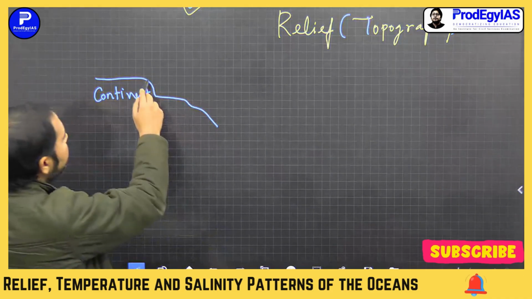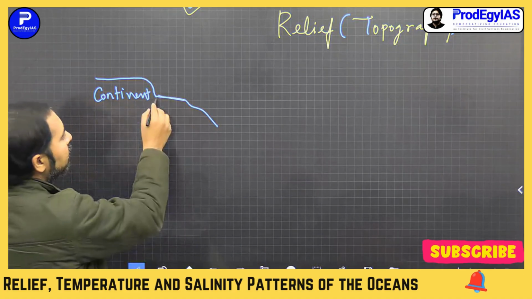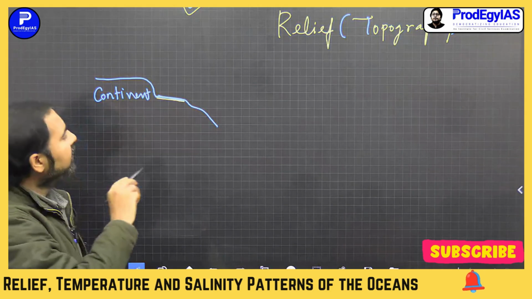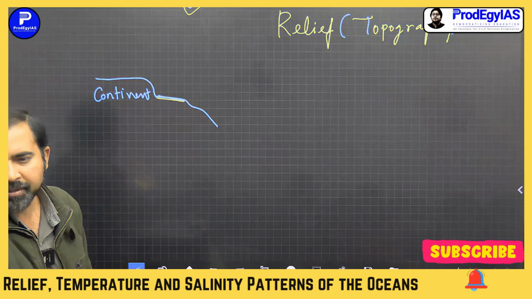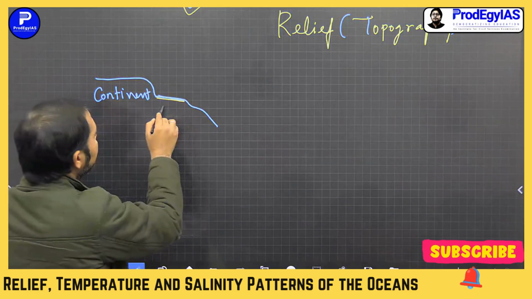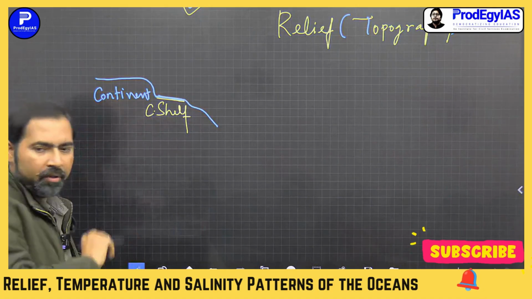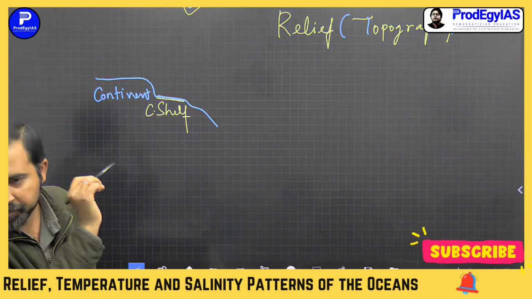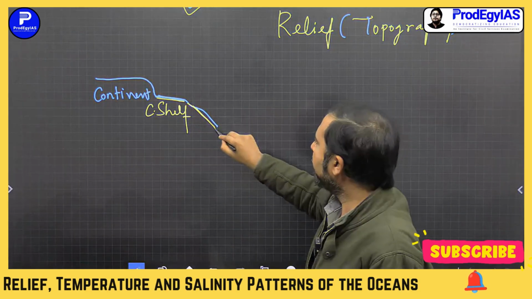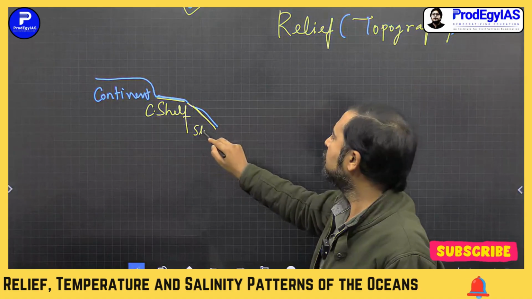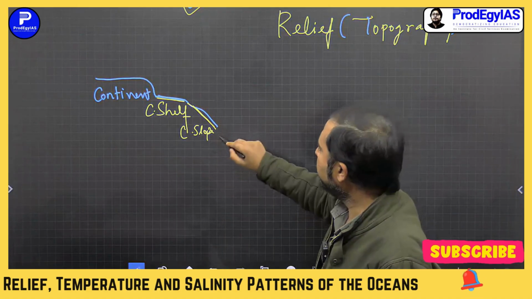Here from you go towards this part, this has a very less slope of 2 degrees, average 2 degrees. This is known as the shelf area. The word continent is attached with it. They are known as the continental shelf. Then this slope area comes, and this is known as the continental slope.